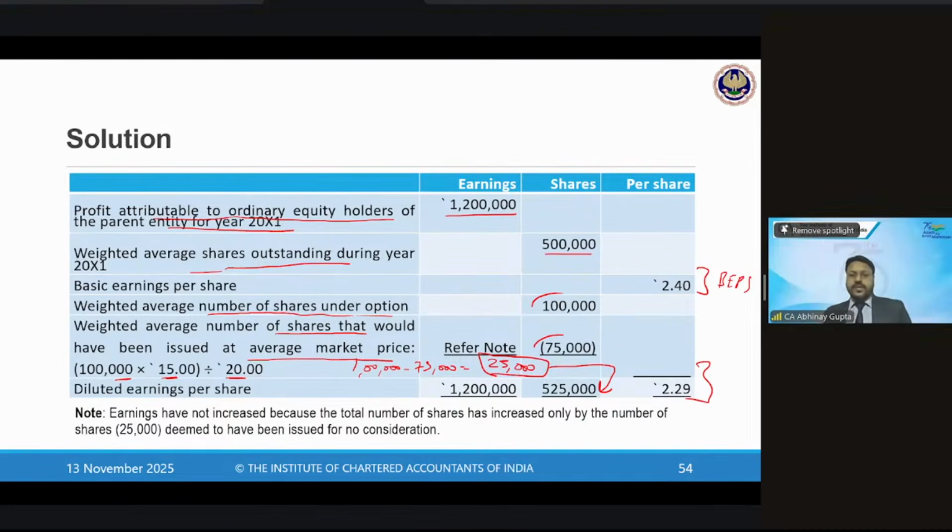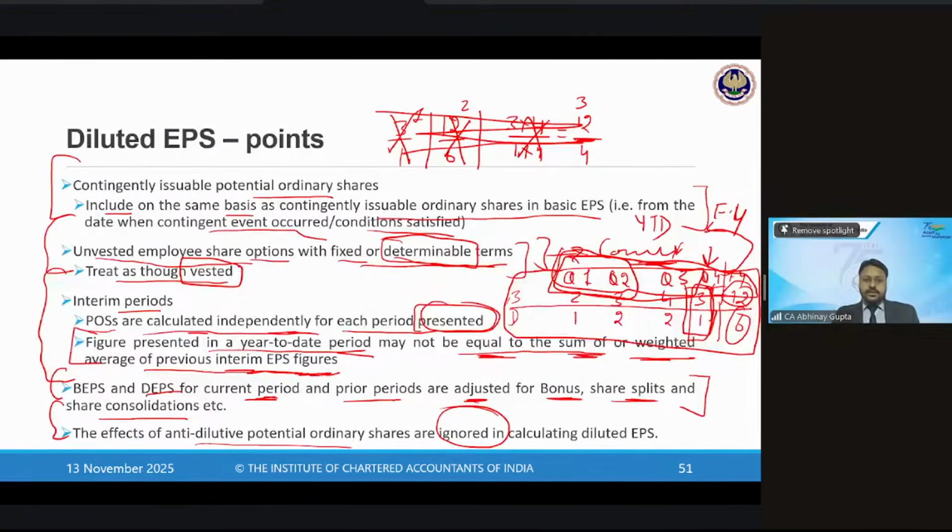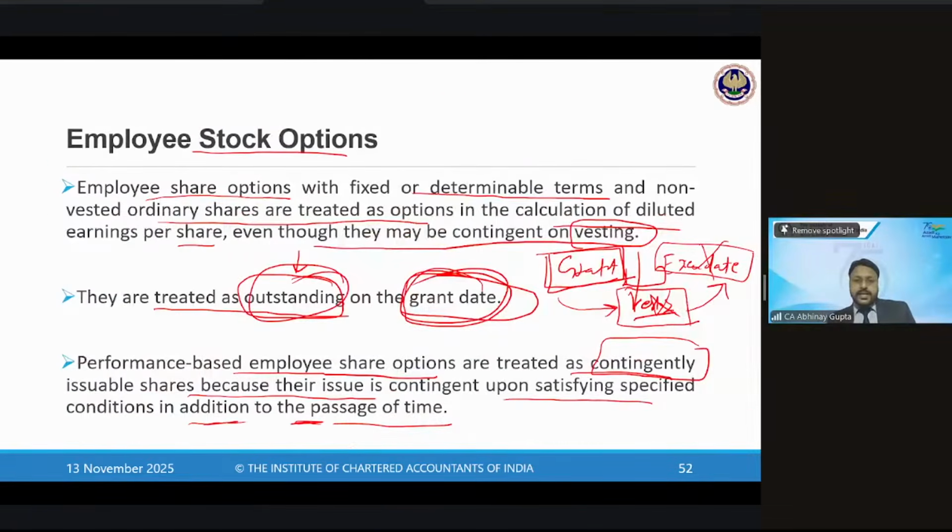Clear? And what was the assumption played here? Are the 3 years past today? No. The assumption Ind AS 33 is taking is that they are treated as outstanding on the grant date. So we will not do any periodic adjustment for how many shares are getting issued in the first year, second year, third year. If it is graded vesting, it doesn't matter.